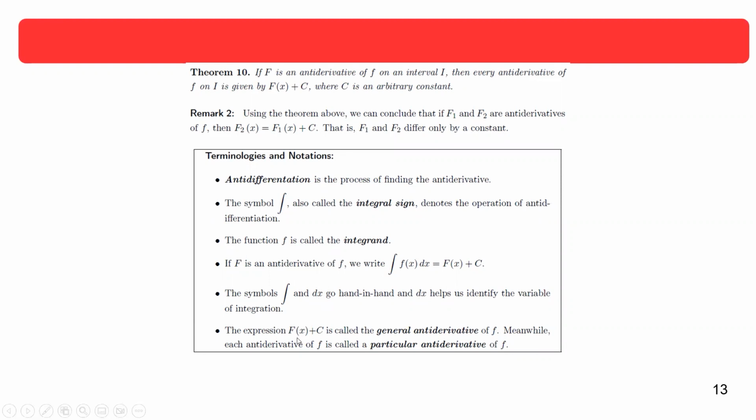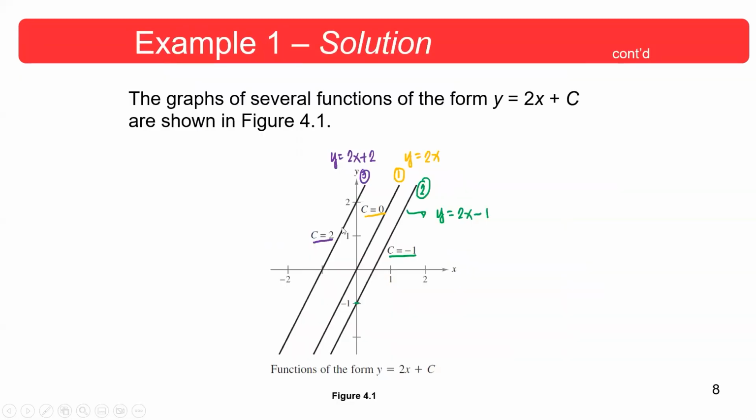And as I have said earlier, this expression is called the general antiderivative or the general solution, whereas it could be a particular solution if you are given certain conditions that would tell us which one would be the final answer, just like what I have said in here.